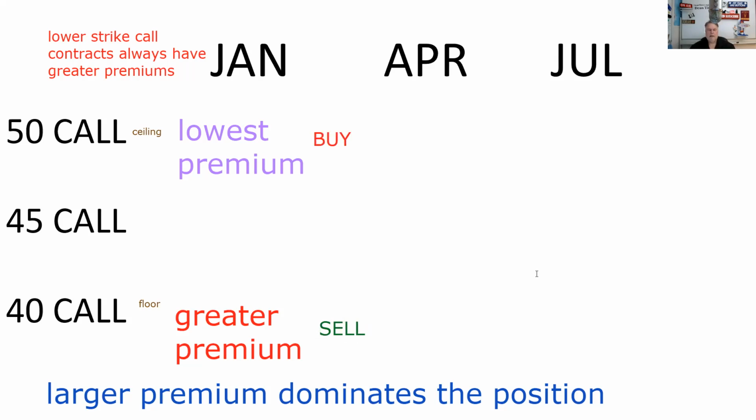We should be able to determine now that that is a credit spread because we received more for the 40 than we paid for the 50. Again, the larger premium dominates, and that's being short the 40 call. And so this would be a credit call spread, which is bearish.